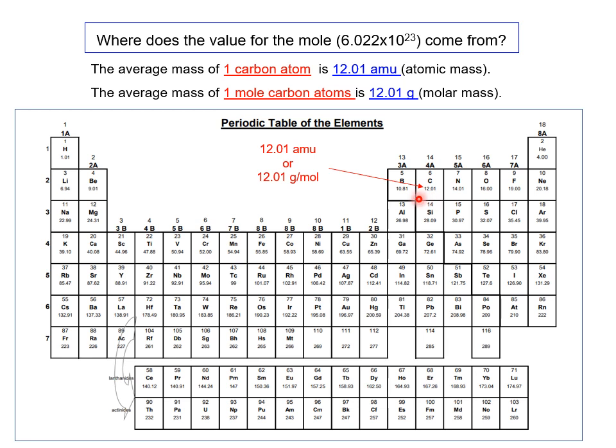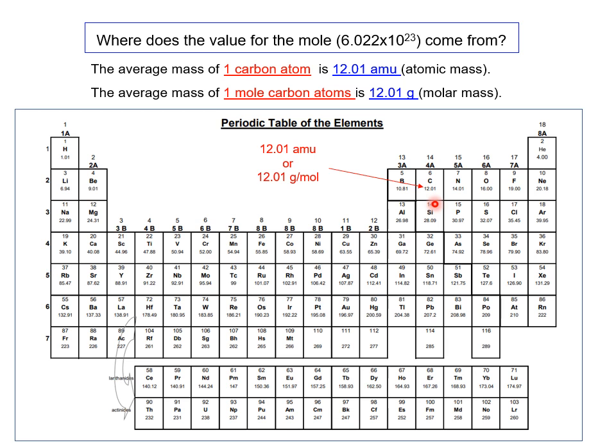So this number here on the periodic table, this bottom number, can actually be used for 2 different things with 2 different units. I can look at it as the average mass of a single atom of that element in units of AMU, or I can use it as the mass in grams of a single mole of that element in units of grams per mole.